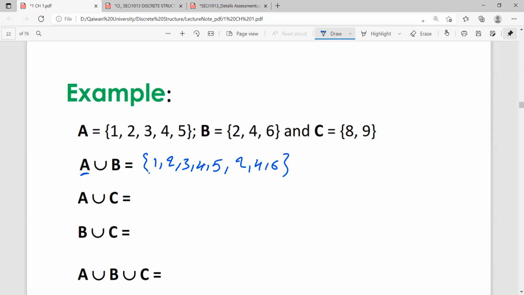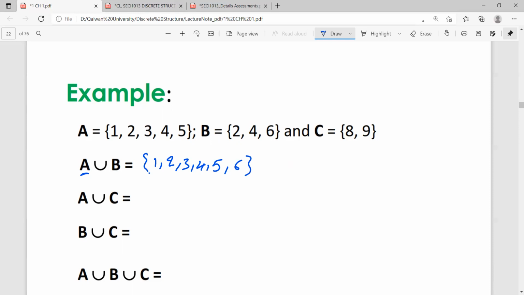As you see here, we have repeating elements, but we said we must have no repeating elements in sets. So 2 is repeated, so we remove it, and 4 also. So you just write down 6. This is A union B.